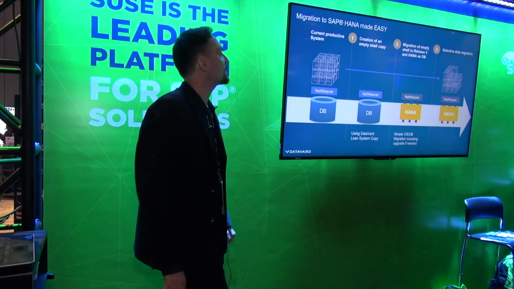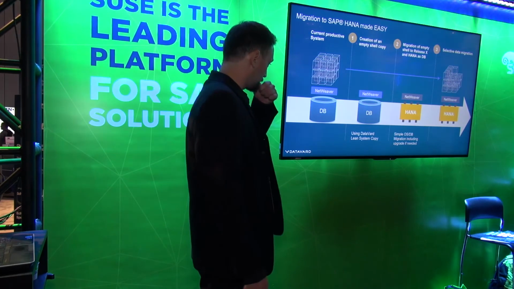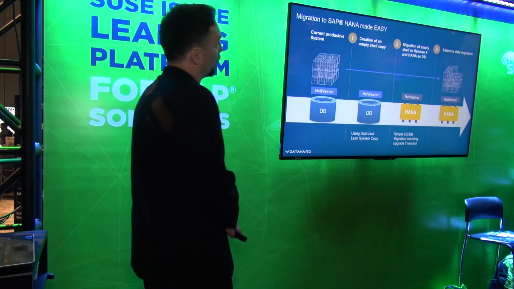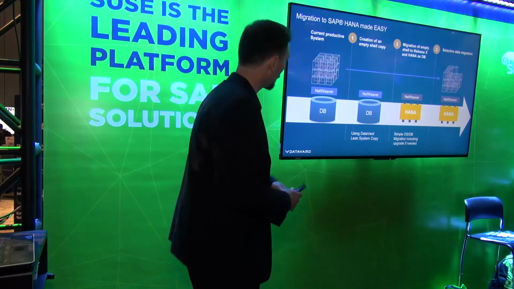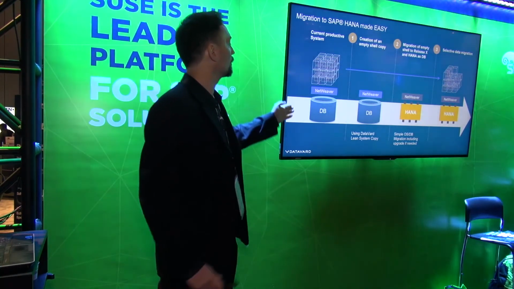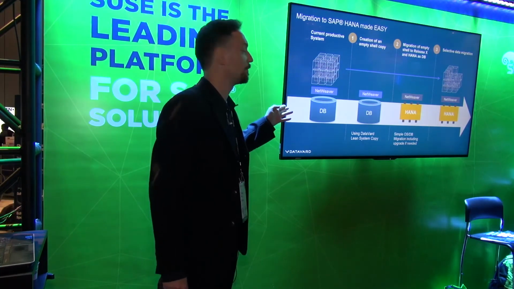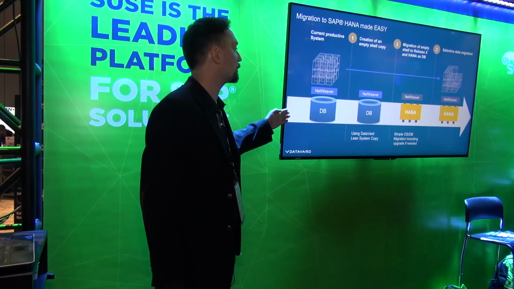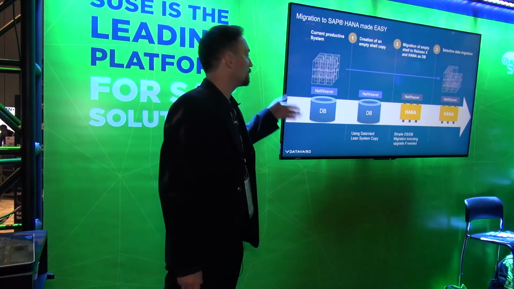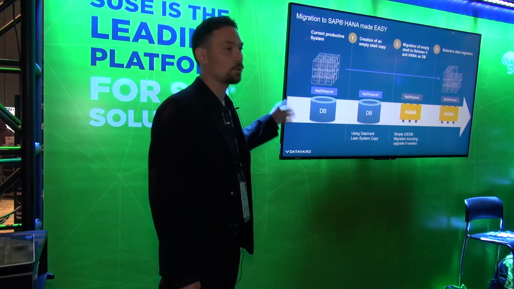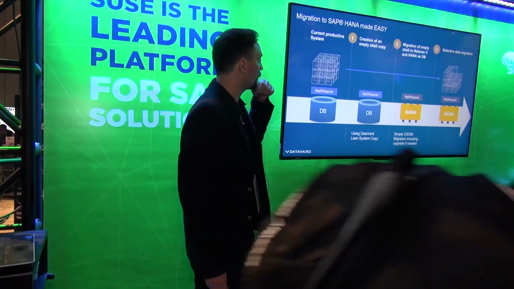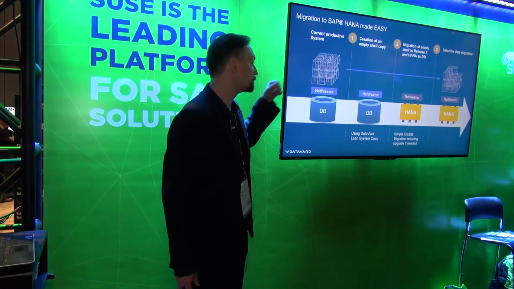So this is an example of how it can work. We have the current productive system of a customer that is running on some DB which is not HANA, so like a standard DB. Then we have a NetWeaver sitting on top of that.